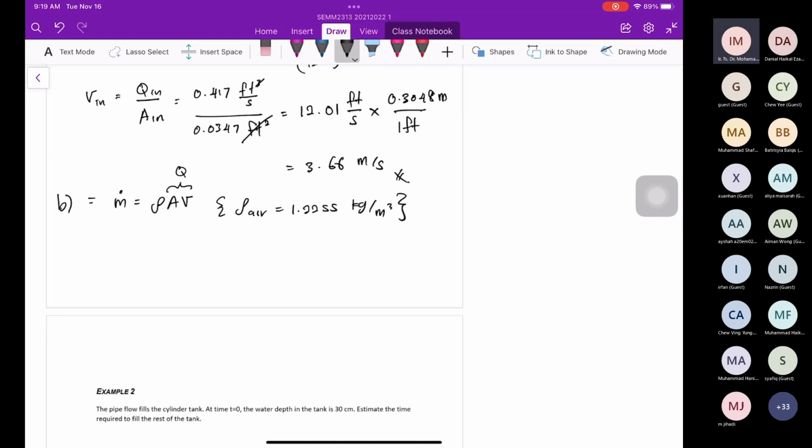So I want to change my Q into SI unit, because the density is already in SI unit, kilogram per meter cubic.